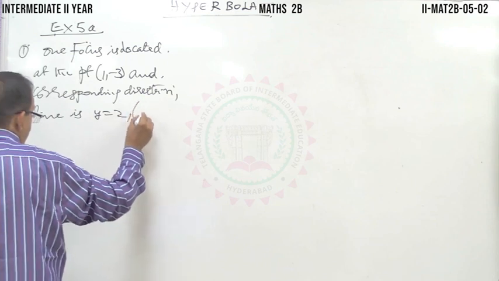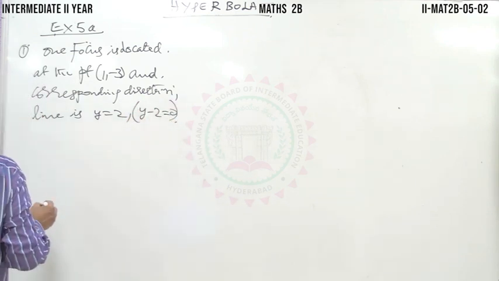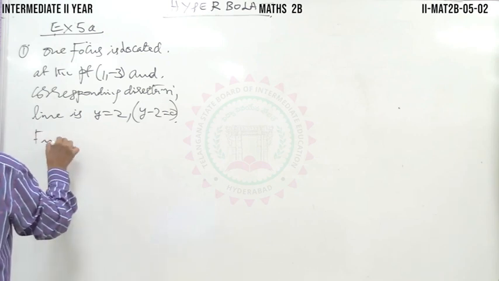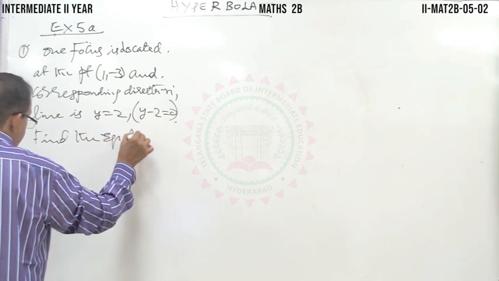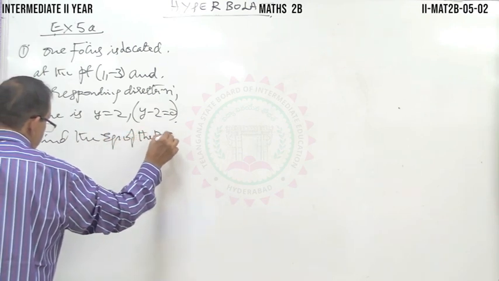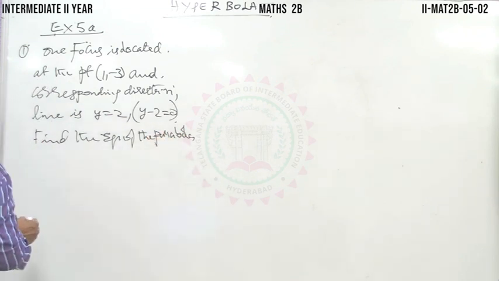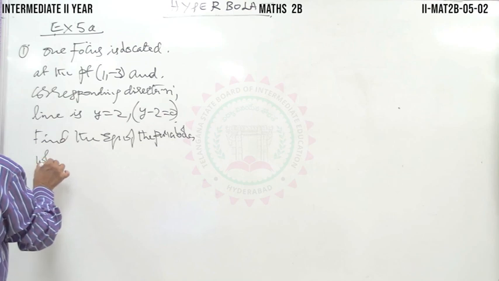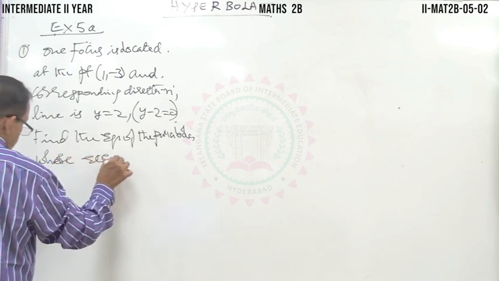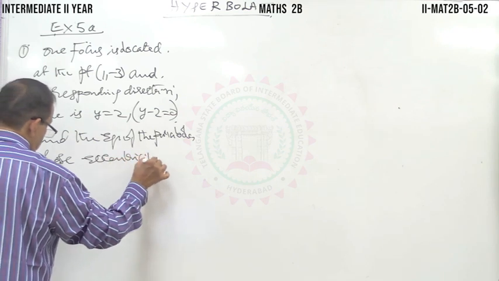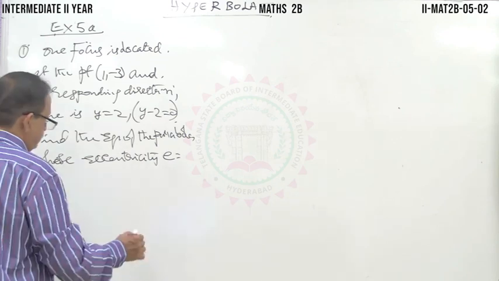So you can understand y minus 2 equal to 0. Find the equation of the hyperbola whose eccentricity is given to us as 3 by 2.